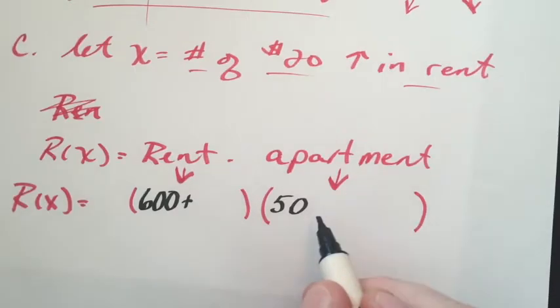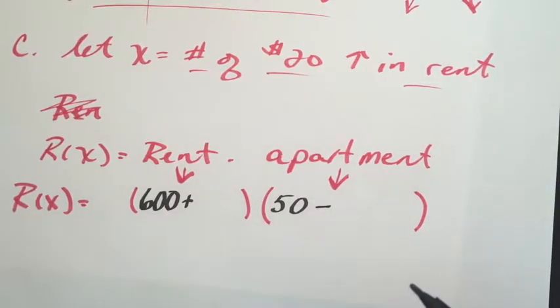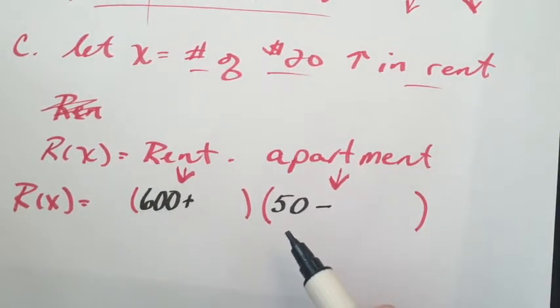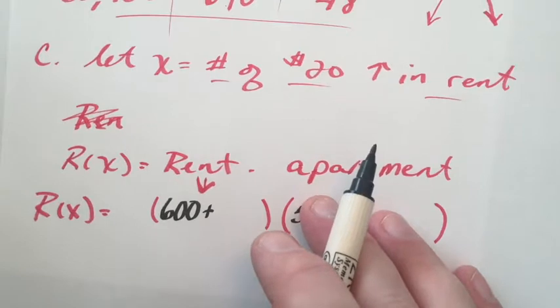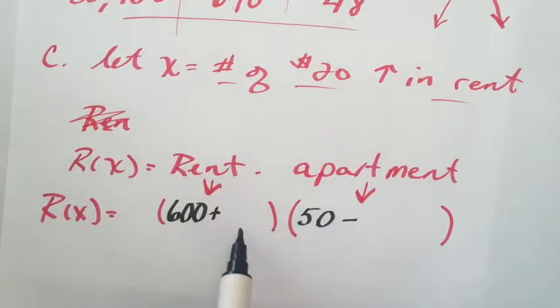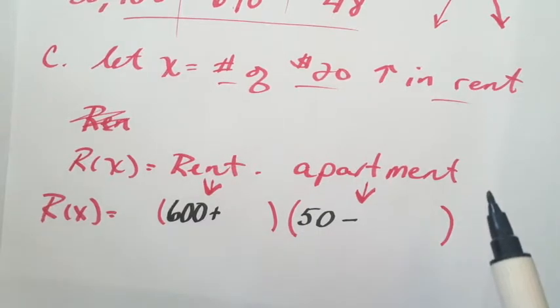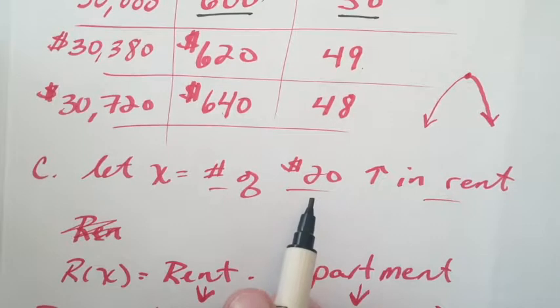So we're not adding apartments, we're subtracting from our total number of apartments. And then the only other thing we have to do is put a multiple of X in each of these spaces. Sometimes that multiple is very simple, and sometimes it will have a multiple, in this case, of 20.